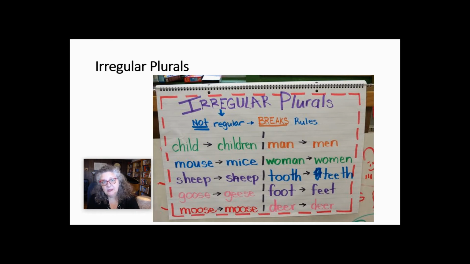So you have hat, and then you have more than one, you have hats. But there are irregular patterns. So when we have one child, when we have two, we don't call them the childs. They're children. Man becomes men. And so kids have to learn these particular patterns and combinations. So irregular plurals is something kids are learning in syllable juncture.